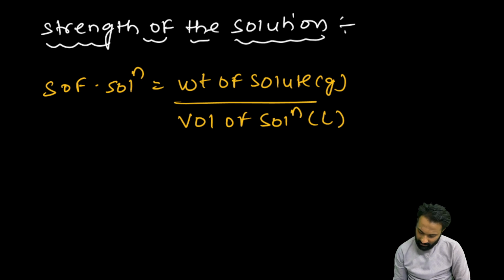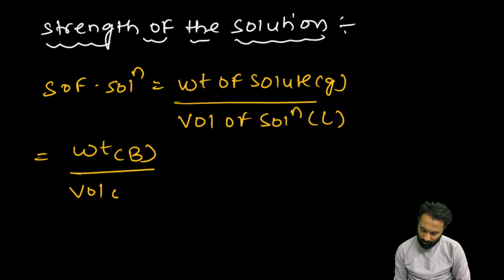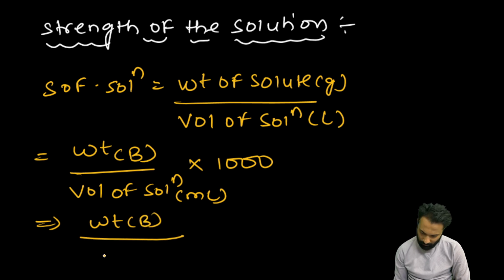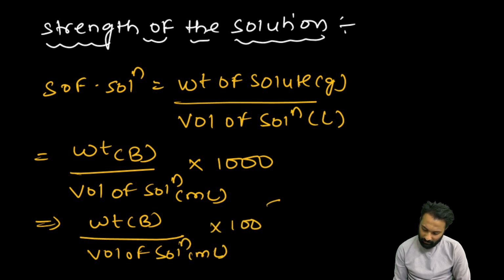Done? Now, can I modify this formula in this manner? Weight of the solute we used to represent as B, right? So, weight of the solute by volume of solution into 1000, because I converted this unit to ml. Clear? So can I say, weight of solute B by volume of solution in ml into 100 into 10?